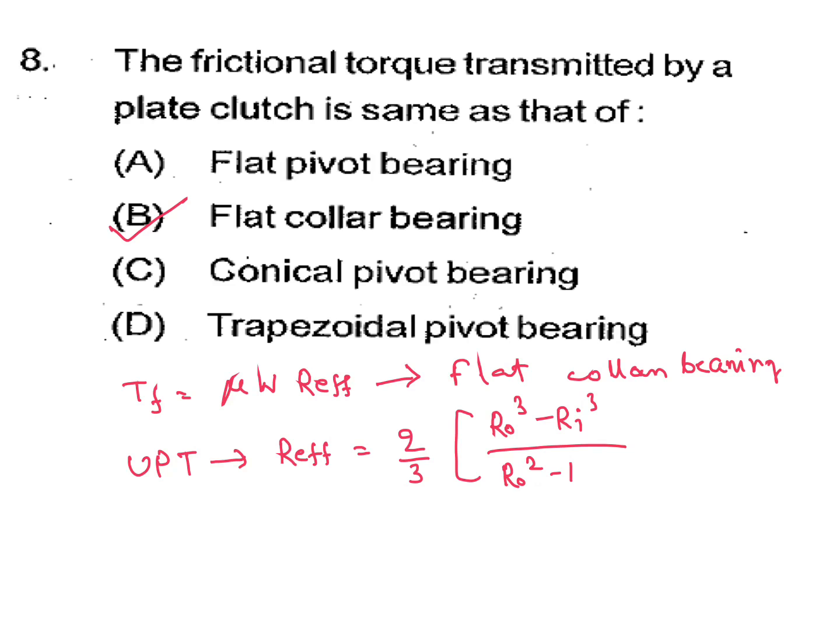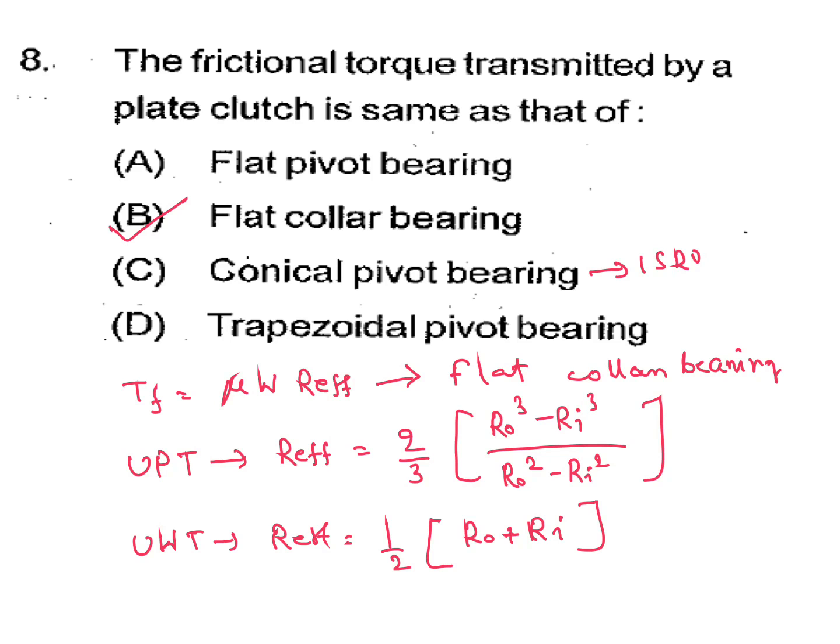Uniform wear theory, R effective equals 1 by 2 (Ro plus Ri). For conical pivot bearing, this one asked in ISRO 17 paper.